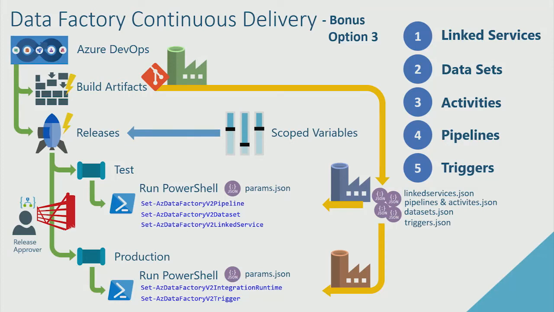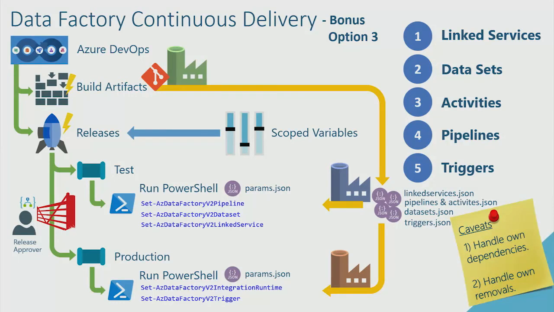So given that then, if we're using those JSON files, we override it. There are 2 big caveats, and that is we can't handle dependencies. Within our ARM template, it knows that a data set has to authenticate with a linked service.